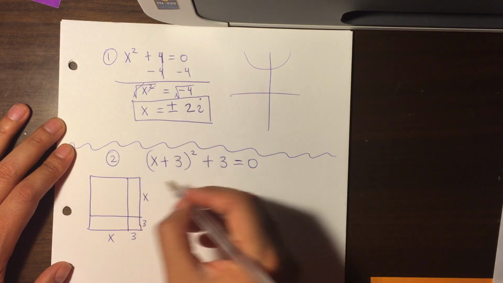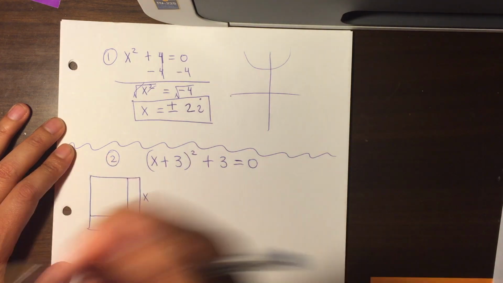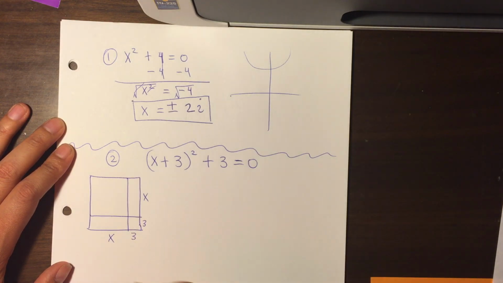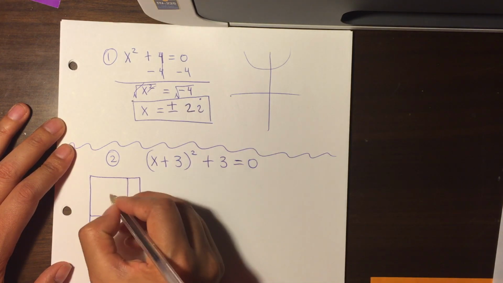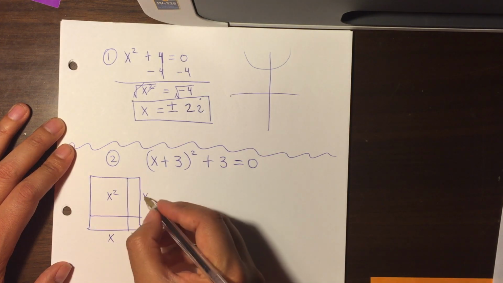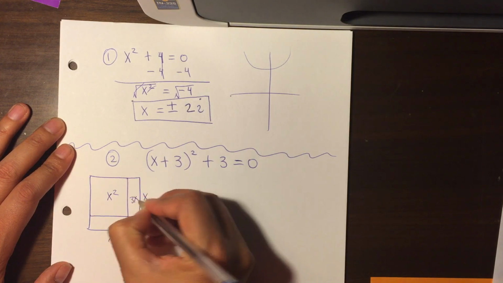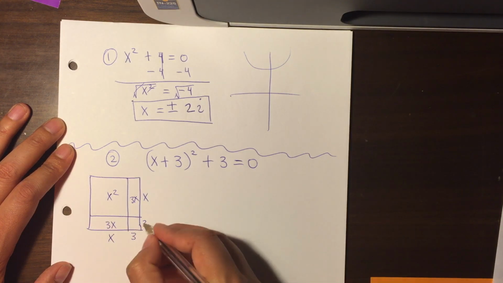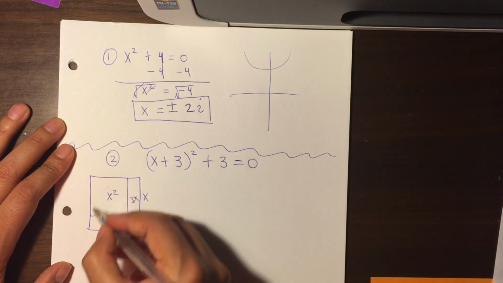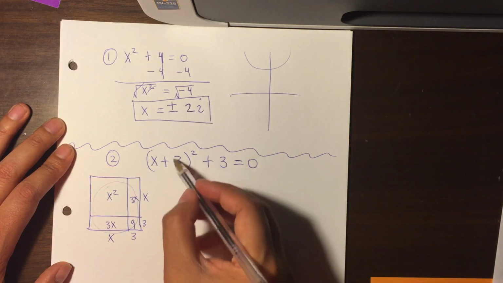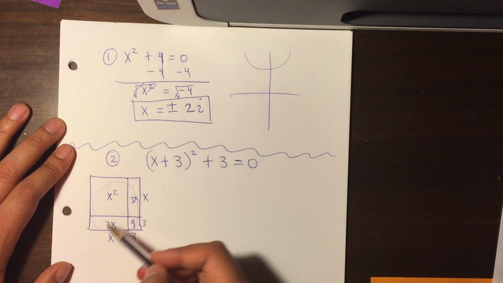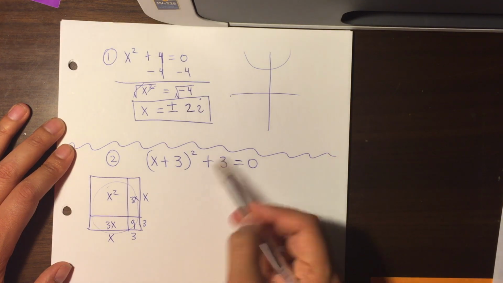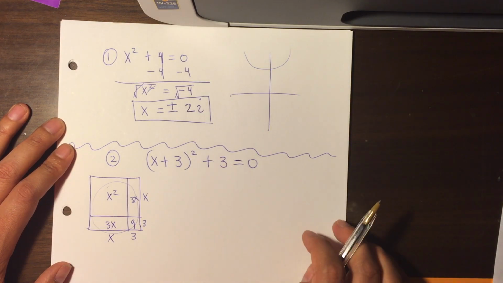So if I had the whole polynomial, which is going to make more sense once we go to the next couple of examples, this will be x squared. This will be 3 times x is 3x, this will be 3 times x is 3x, and then 3 times 3 is 9. So basically, the area of the polynomial from this would be x squared plus 6x plus 9, and added to that, it will be then plus 12.